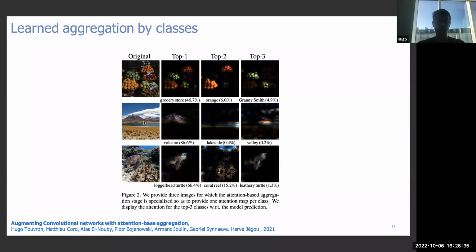But if the network says lakeside, it's not wrong. And thanks to this attention property, you can see what are the patches involved in the lakeside prediction. So it can be interesting to interpret the prediction of the model, especially if there is some error or some kind of strange prediction.